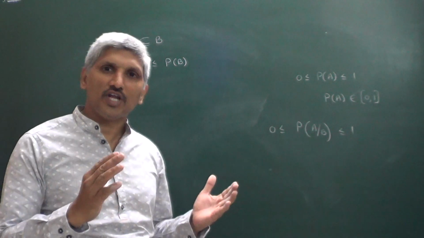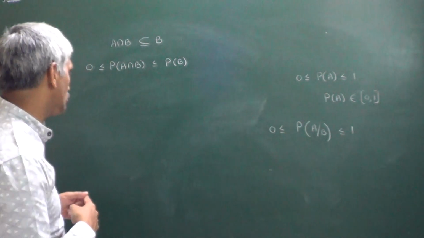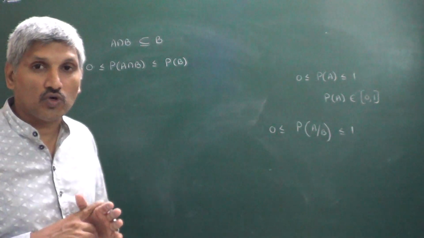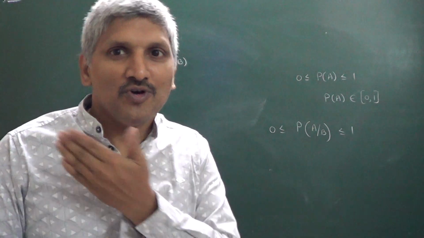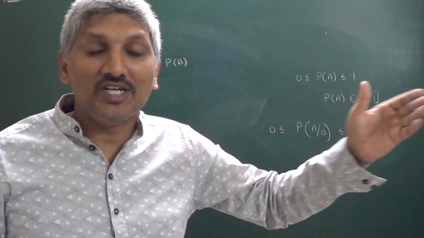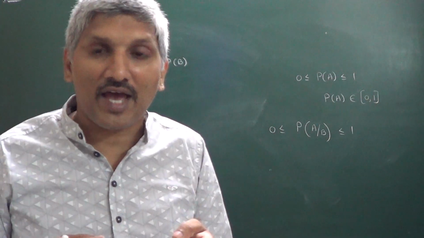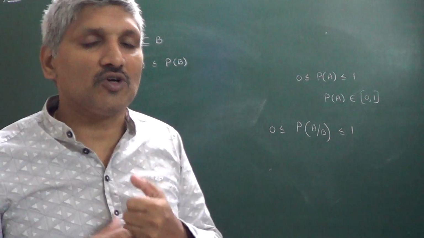Right? Probability you will always get greater than or equal to 0. Because as I told, P of B is also positive. When it is positive, you can divide throughout the inequality without affecting it. At the same time, P of B not equal to 0.